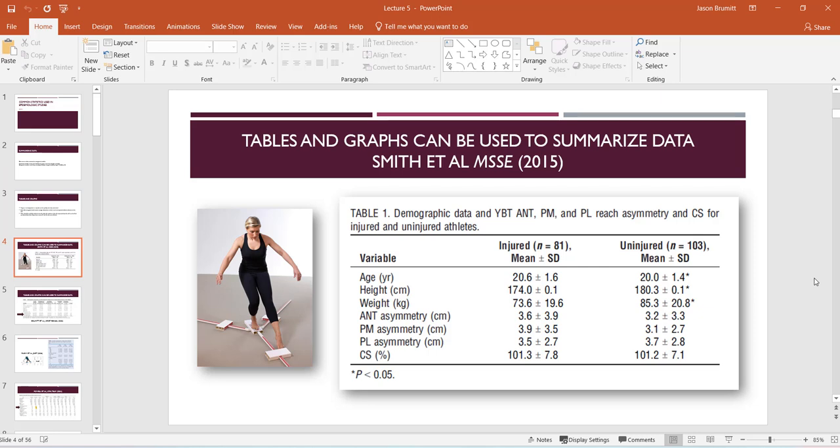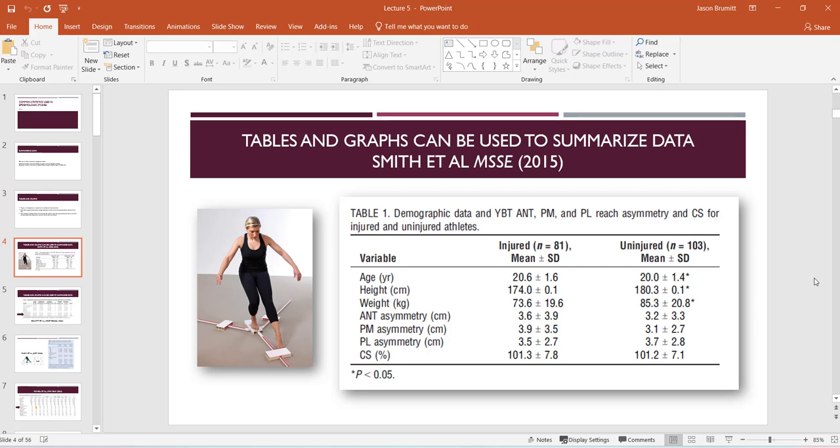Now, this was an epidemiologic paper trying to see if the scores from performing the test were associated with a greater risk of injury. So before they even got to reporting what the risk magnitude was based upon test performance, you can see a breakdown of the injured versus uninjured individuals.